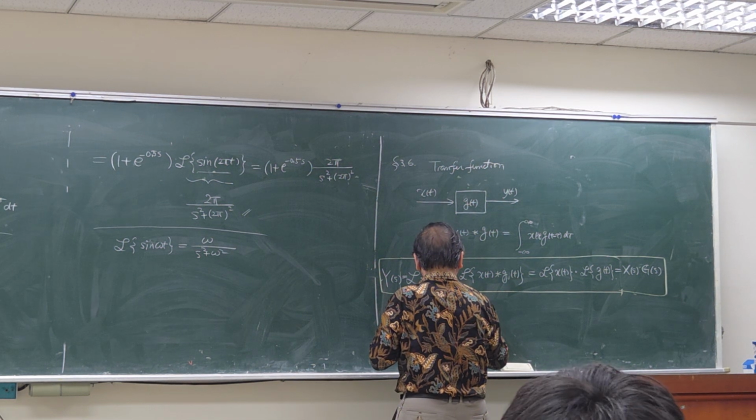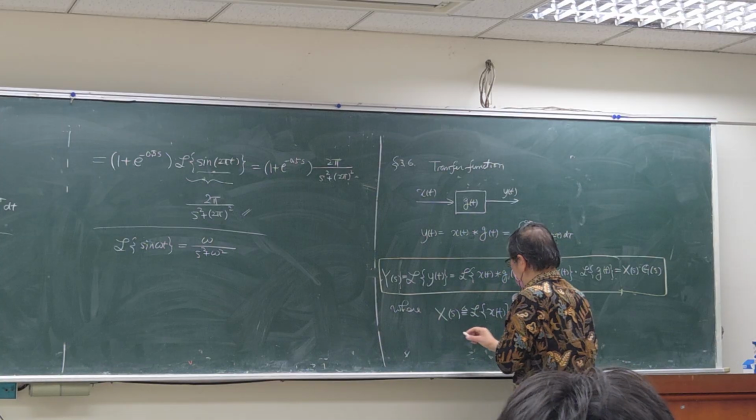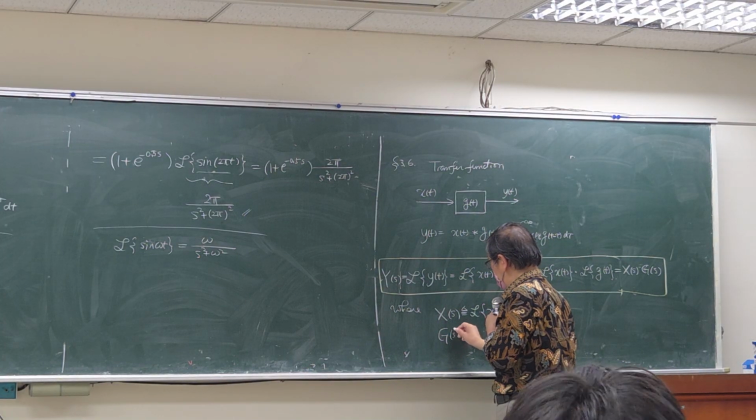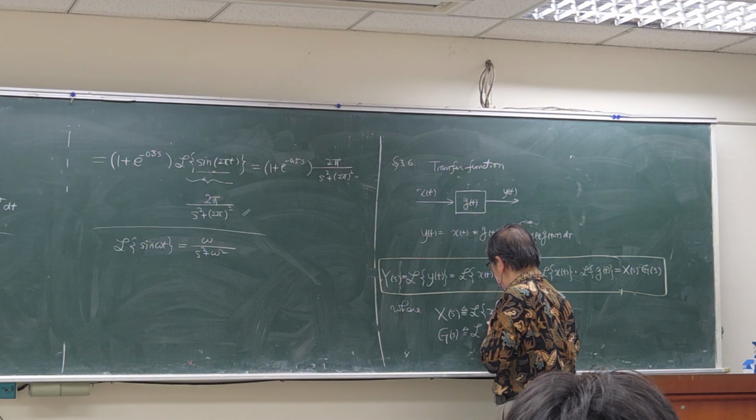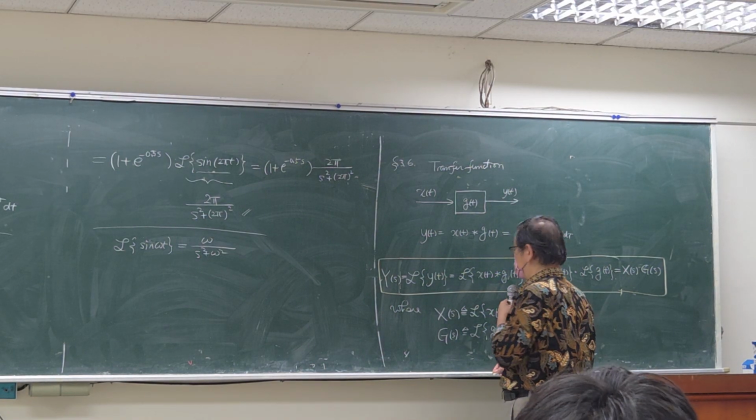Here X(s) is the Laplace transform of x(t), and G(s) is the Laplace transform of the impulse response g(t).